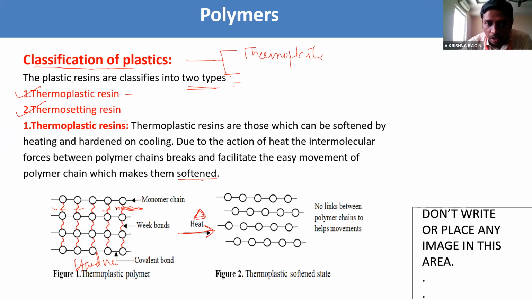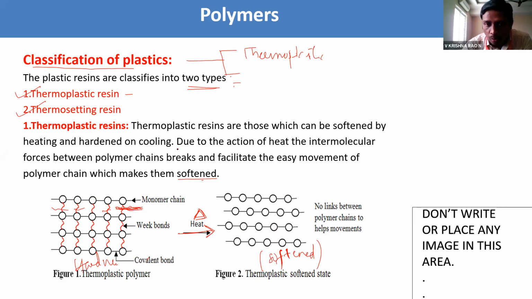After heating, these intermolecular forces are broken down, so it easily facilitates the easy movement of polymer chains, which makes it soften. The rubber we obtain on heating is called softened rubber. Initially it was hardened because of the presence of intermolecular forces between the polymer chains, which break down on heating and produce the softened rubber.